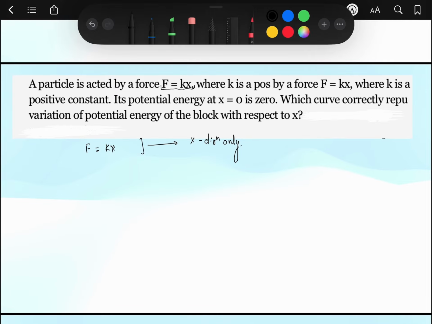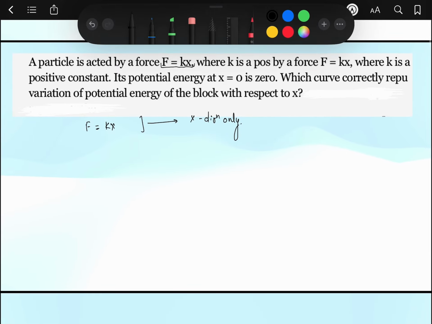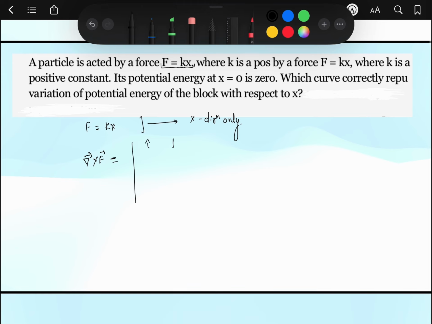Okay, so I can find the curl of this force to check whether it is a conservative force or not. So del cross F for this force, I can write the determinant i cap, j cap, k cap.